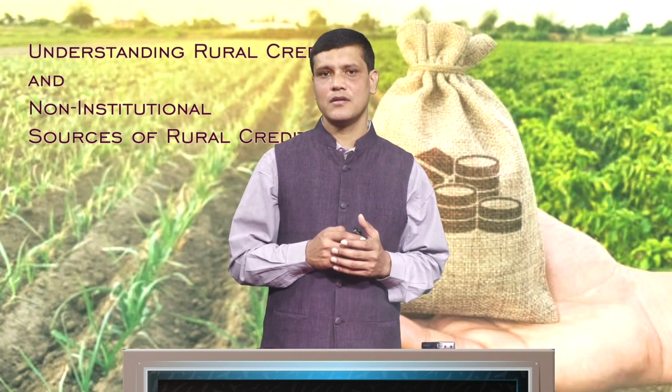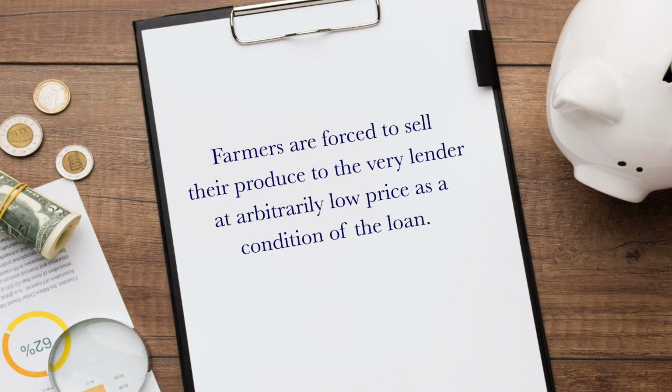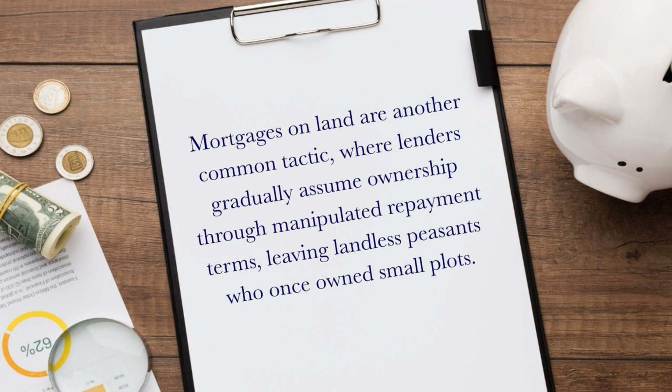In many instances, farmers are forced to sell their produce to the very lenders at arbitrarily low prices as a condition of the loan. Mortgages on land are another common tactic, where lenders gradually assume ownership through manipulated repayment terms, leaving landless farmers who once owned small plots.